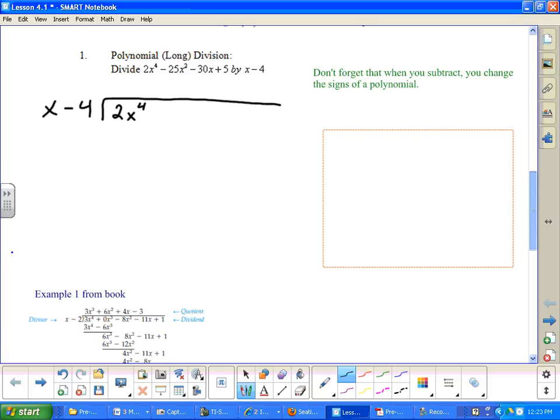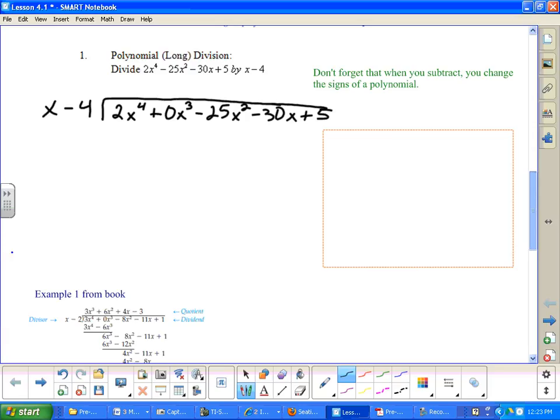And second of all, if you're ever missing a term, then you have to represent that term by 0. So since there's no x cubed term here, I have to put in 0x cubed. And you can put plus or minus, doesn't matter. 0 is 0. So we're going to go and do long division with this problem.